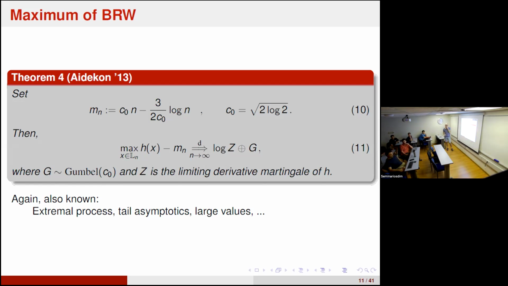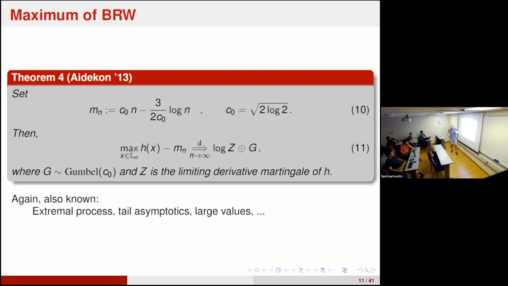What is a limiting derivative martingale? I won't be able to get to this here, but if you are familiar with Gaussian multiplicative chaos or Liouville quantum gravity, all these are fancy names. G is just a Gumbel random variable, some well-known distribution, and this means plus an independent shift: you take a Gumbel and you shift it independently by some random variable.